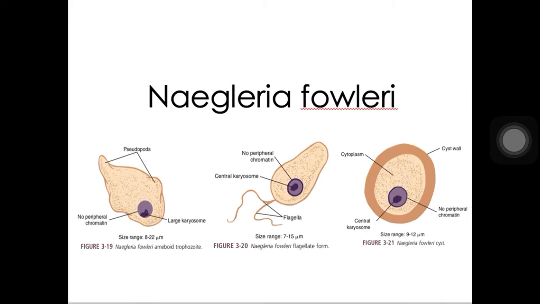Again, we have three stages present, but it is the trophozoite that enters the nasal cavity through inhalation of contaminated water or soil. Okay? So basically, itong trophozoite will colonize the nasal cavity, attach to the olfactory nerve, and then penetrate the cribriform plate, and then move along to the arachnoid space, and then it will disseminate to the central nervous system.